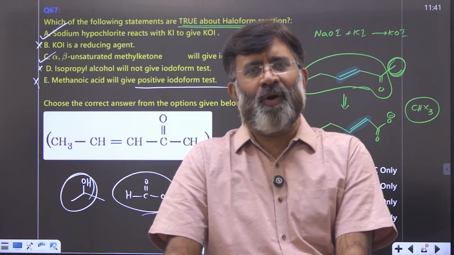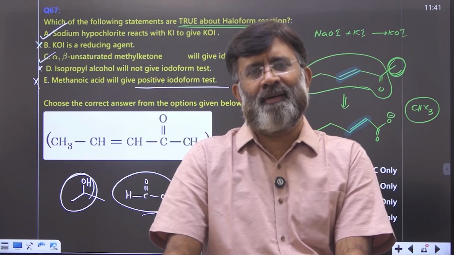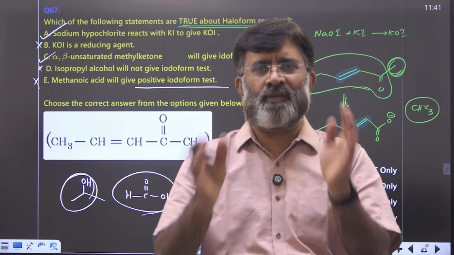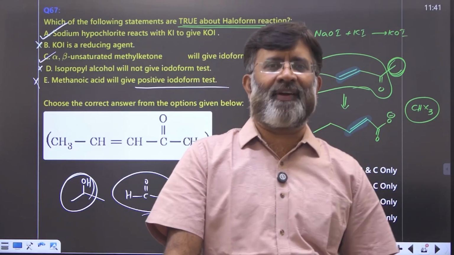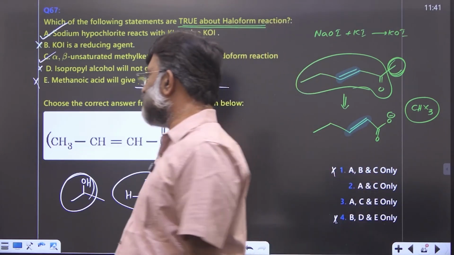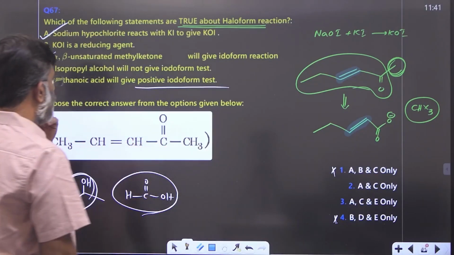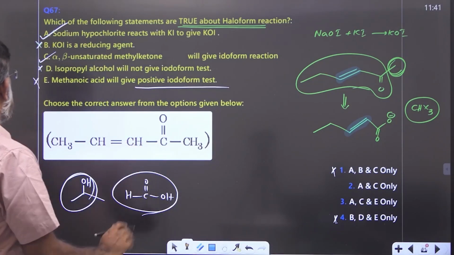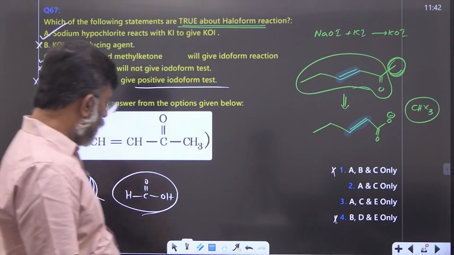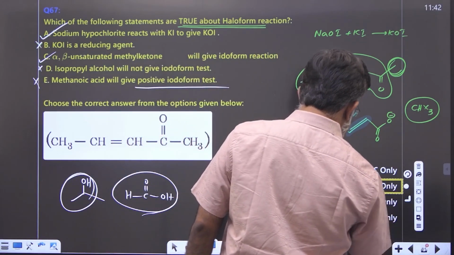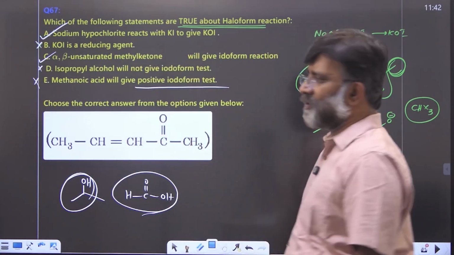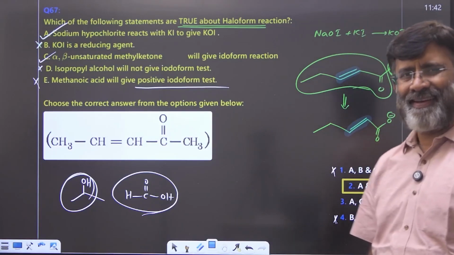An acid is the oxidized version of a compound. An acid means it is an oxidized product. How can an acid be oxidized further? That is not possible. So that statement is wrong. The answer is option A and C. That is the answer. Right?